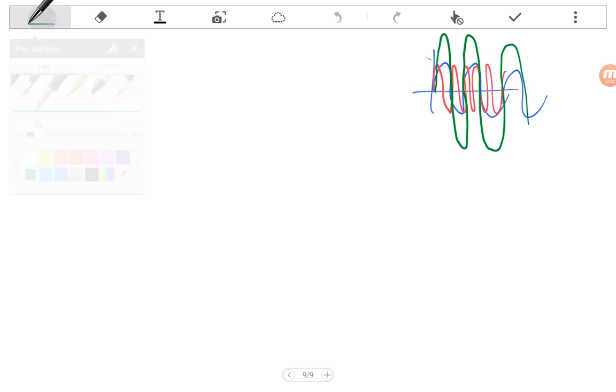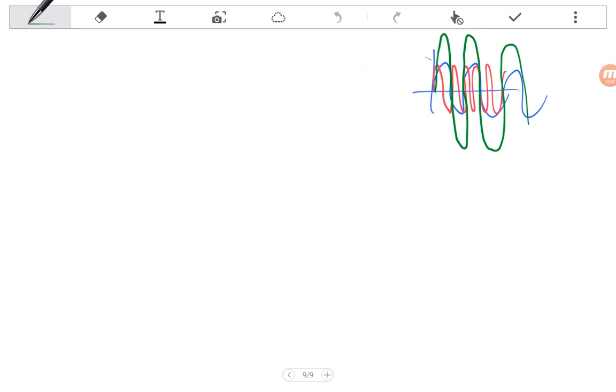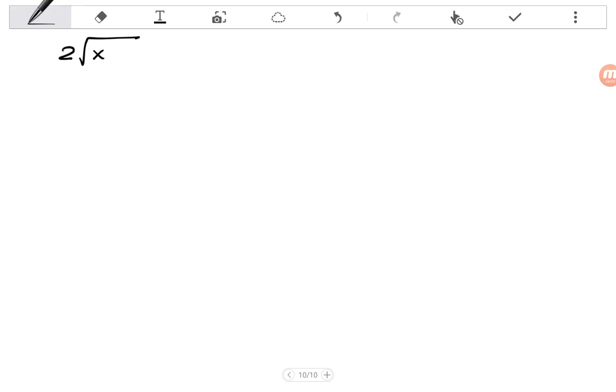Now, if I need to graph this function, 2 root x plus 1, minus 1, can I make a graph of this function? Yes.